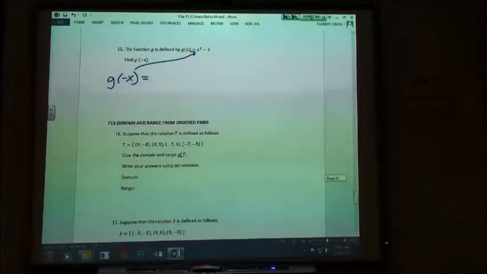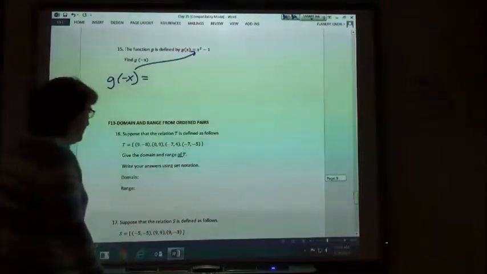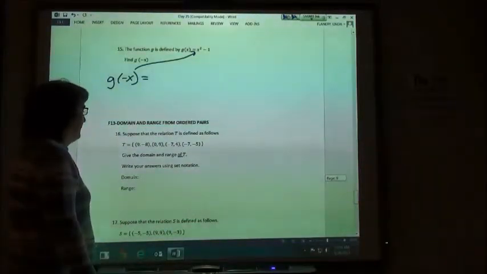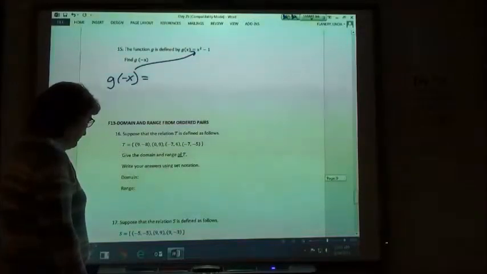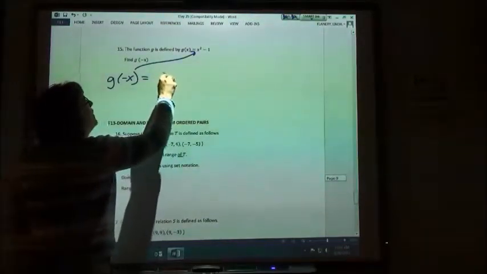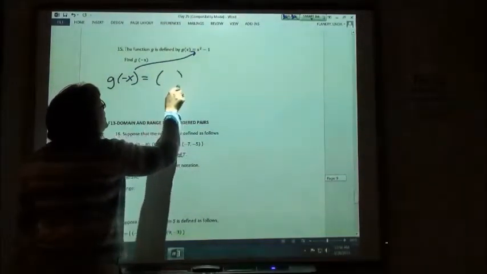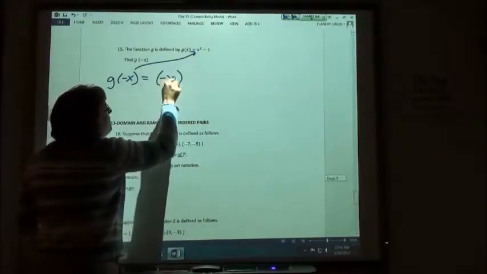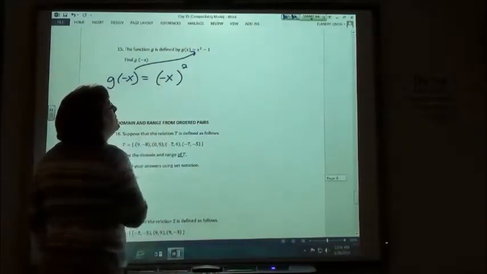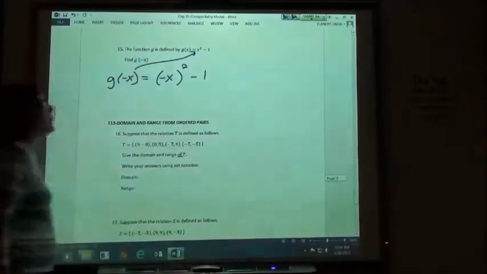So it's going to be, in parentheses, negative x squared, right? Minus 1.